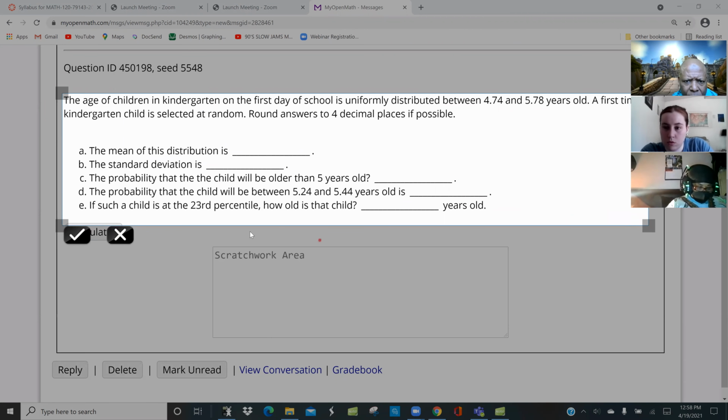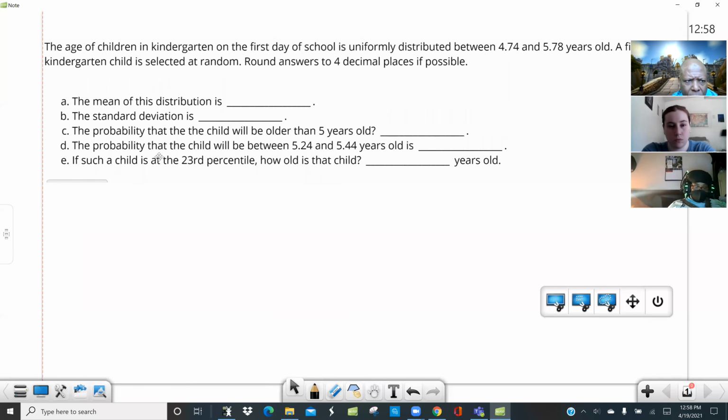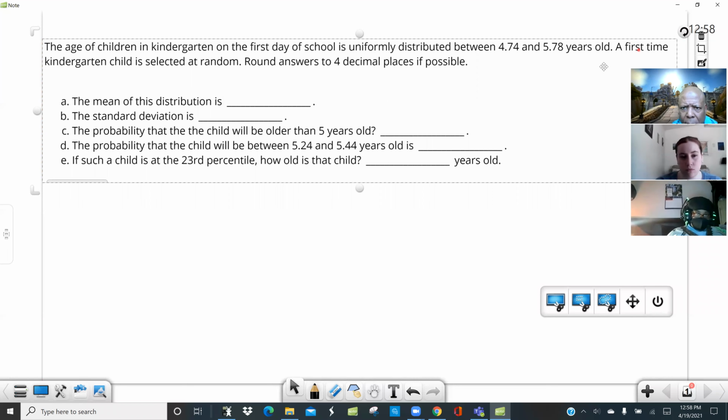So this is from chapter 5, I guess, which says that the age of children in the kindergarten is uniformly distributed between 4.74 and 5.78 years old. A first-time kindergarten child is selected at random, round to 4 decimal places.